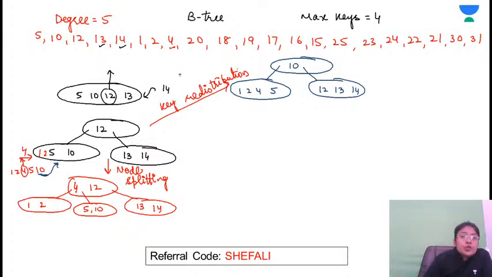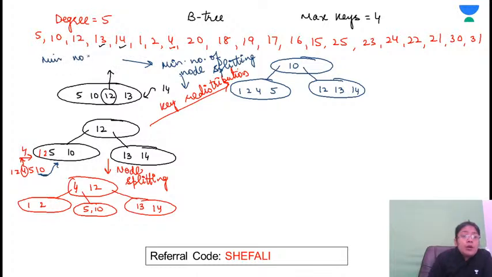Key redistribution is used whenever in the question they are asking for to construct the tree with the given set of elements or with the minimum number of splittings. Minimum number of node splittings. Or minimum number of levels. In order to construct a B tree with these many elements, what will be the minimum number of levels of the B tree?